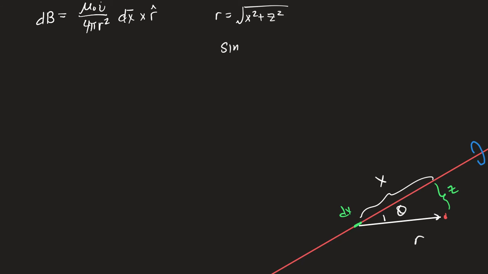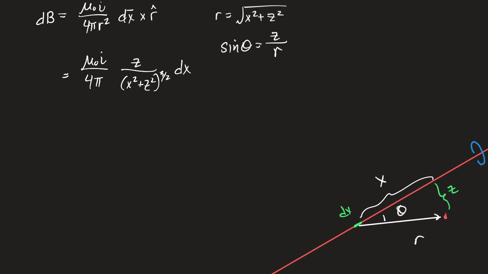The sine of theta is going to be z over r. In doing those substitutions, we got, I believe, z over (x squared plus z squared) to the 3/2 power dx. Right, this is where we ended up.